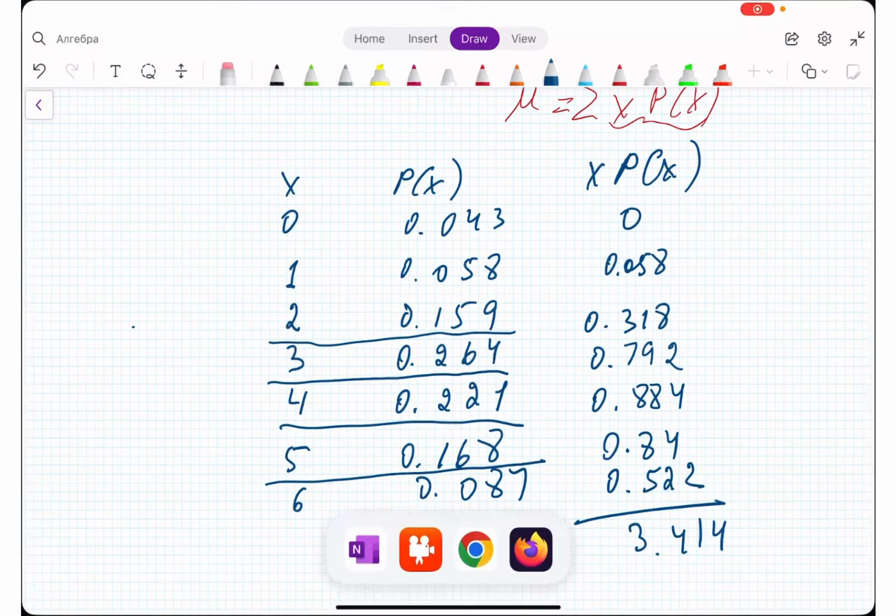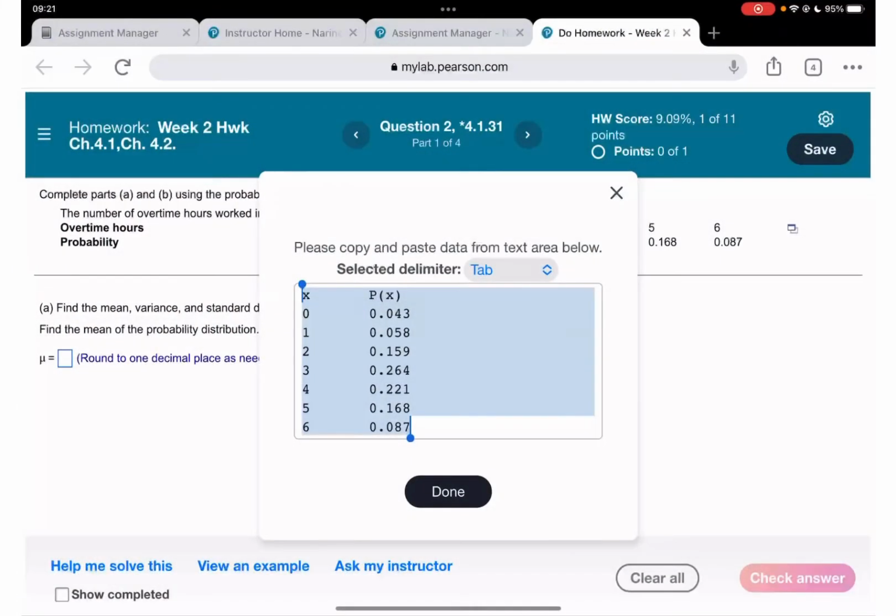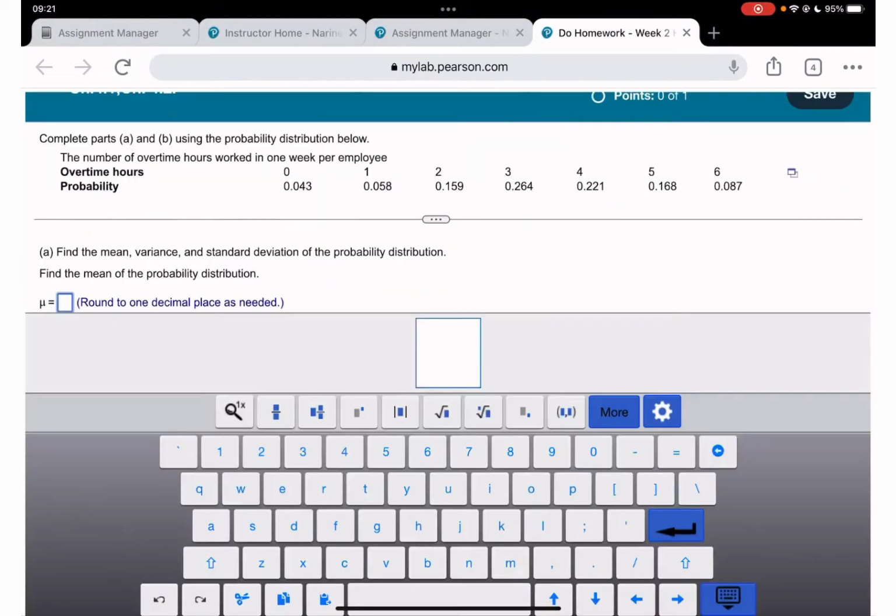Okay, 3.414. How many decimals? One decimal, so it's going to be 3.4.